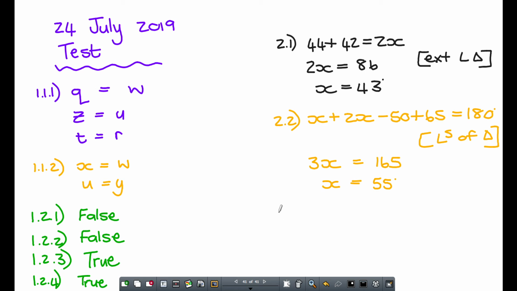Okay, right, 2.3. Over here, I have vertically opposite angles. So 5x minus 10 will be the same as what's right across from it, the 3x plus 50. Reason, vertically opposite angles.